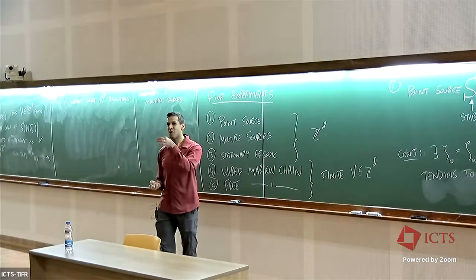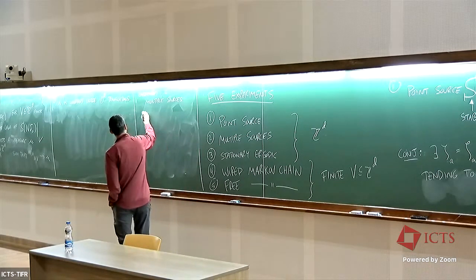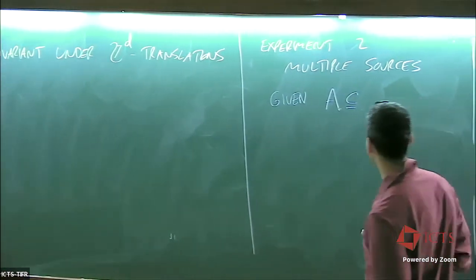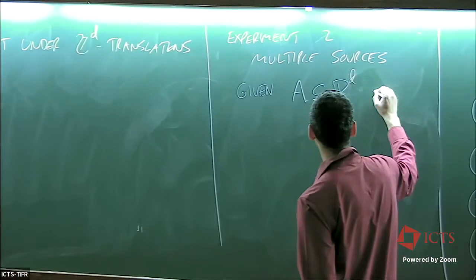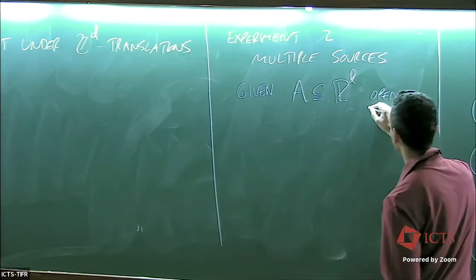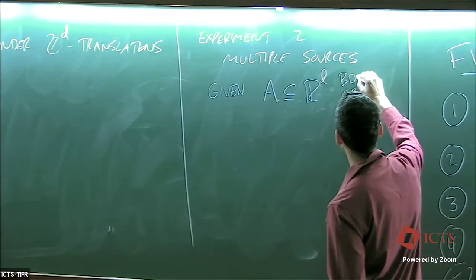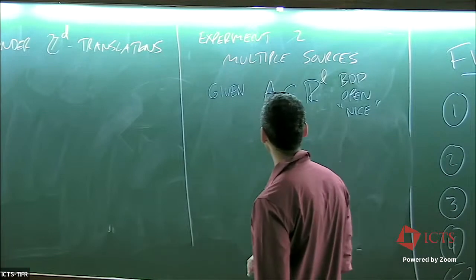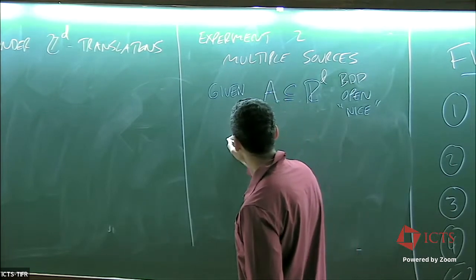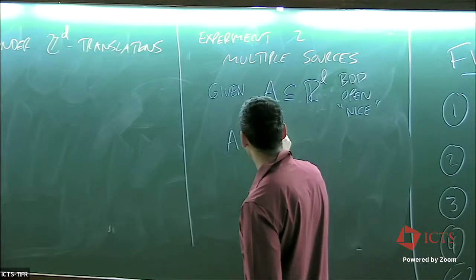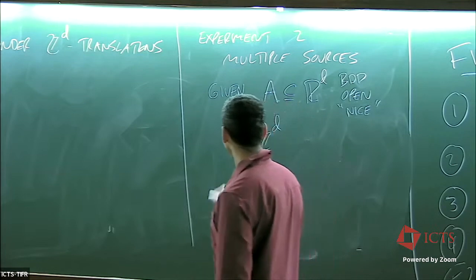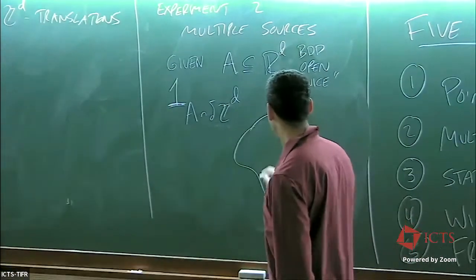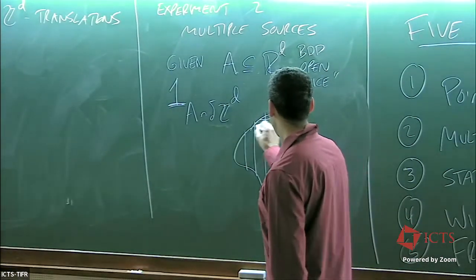So instead of starting all your particles at the origin, let's start a bunch of active particles in a big cluster. I'll start with a nice open set in R^d, bounded, open, and I won't specify what nice means. Take this set, intersect with a fine mesh, and take one active particle at each site.